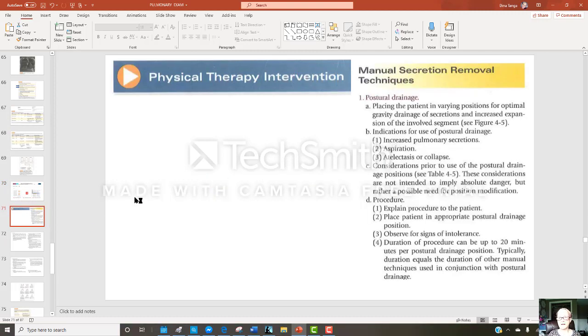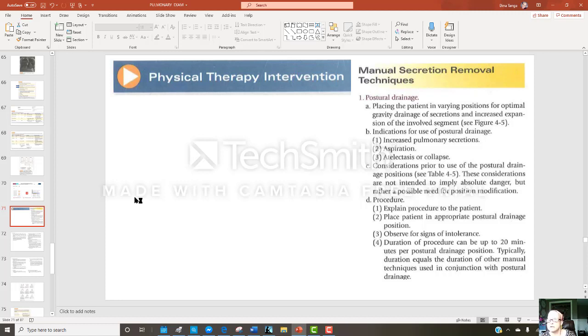Physical therapy intervention. Manual secretion removal techniques. Postural drainage: placing the patient in varying positions for optimal gravity drainage of secretions and increased expansion of the involved segment. See Figure 4.5.